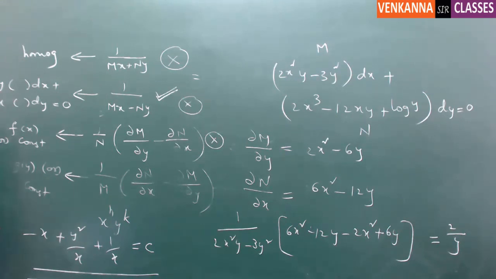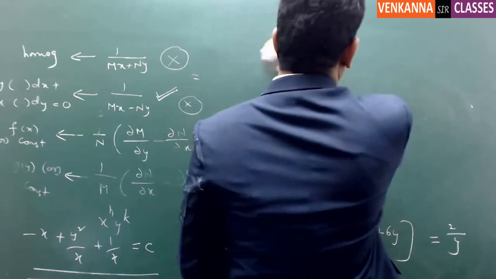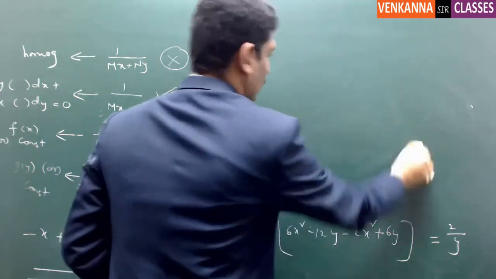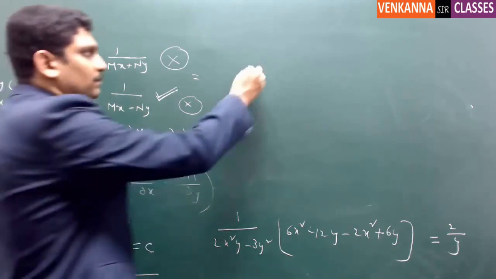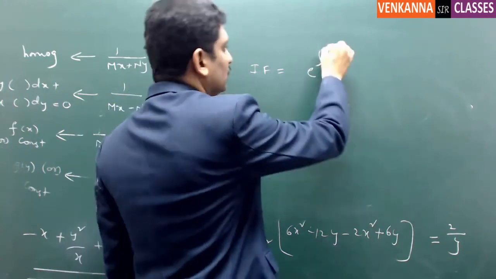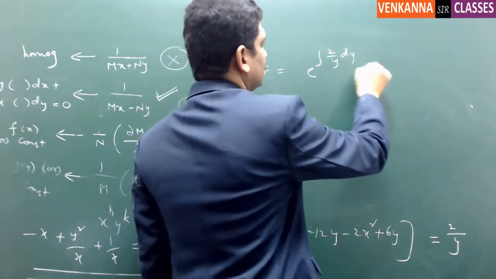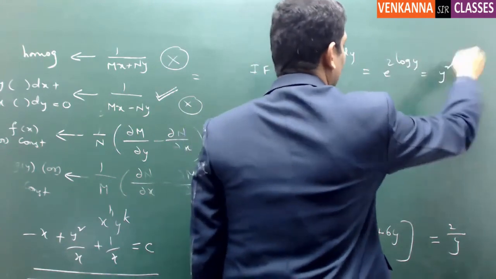Yeah, I think everyone is agreed with the cancellation part. Fine. So what will be the integrating factor there? Integrating factor is equal to e power integral 2 by y dy, so e power 2 log y, so it is y square.